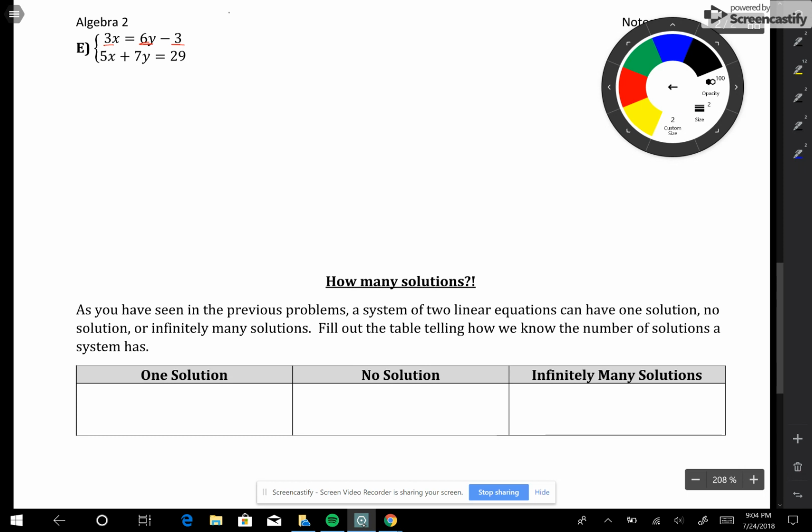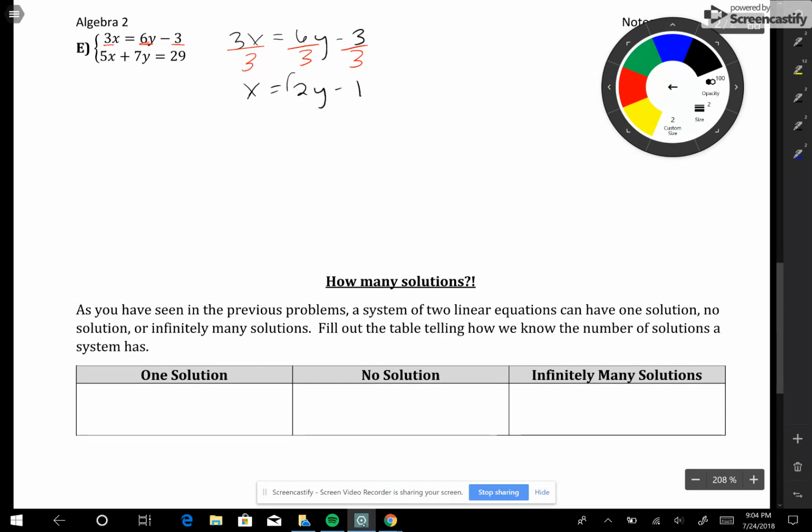So I'll write that over here. So I have 3x equals 6y minus 3. And if I take that and divide each one by 3, which is a legal thing, as long as I'm doing the same thing to everything, I get x equals 2y minus 1.